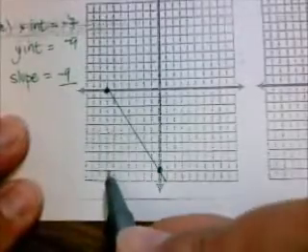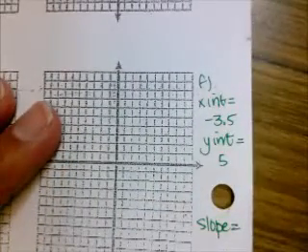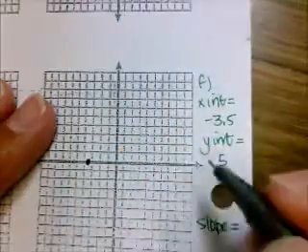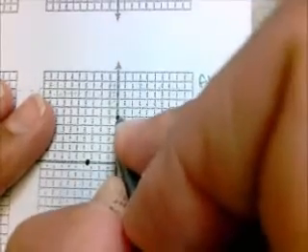Down 9. And then to the right 7. That one doesn't reduce. And then the last one is at the 3.5 on the x, so 1, 2, 3.5. And then on the y, it's at the 5. 1, 2, 3, 4, 5.